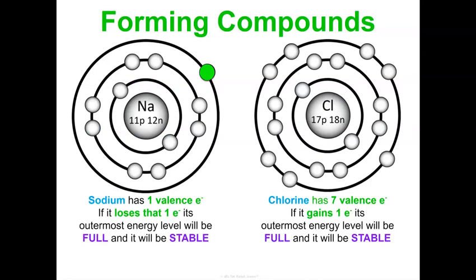So now forming compounds. Now in your notes, you should have that sodium has 1 valence electron. And if it loses that 1 valence electron, its outermost level will be full and stable. And then chlorine has 7 valence electrons. And do you see how the valence electrons are highlighted?